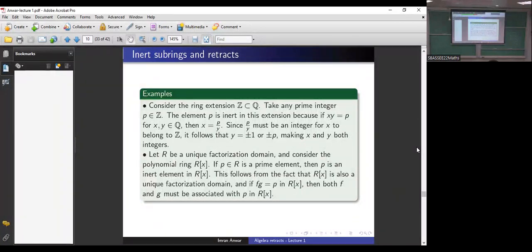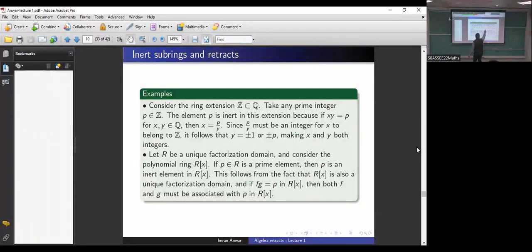Probably this is a point I didn't discuss. Y can only be p, not p squared, according to this condition. It can only take the value plus or minus p. No, he is trying to give an example which is not satisfying that particular condition. Not necessarily is y plus or minus one. That is the point. Let's discuss this.